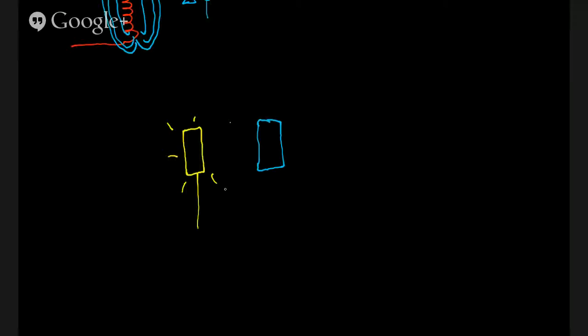And let's say we put a grid in between. Put a conductive screen in between these two. And we'll have a terminal there.